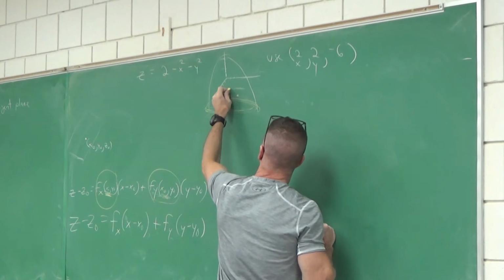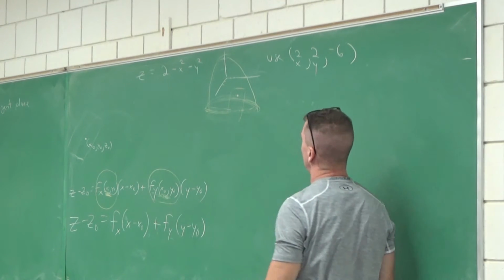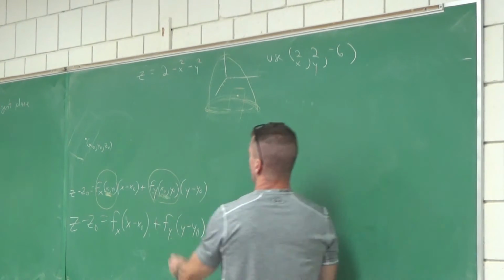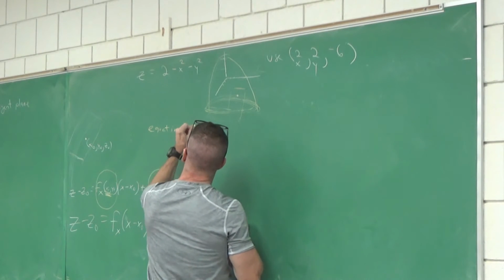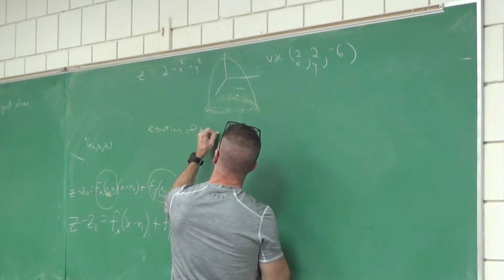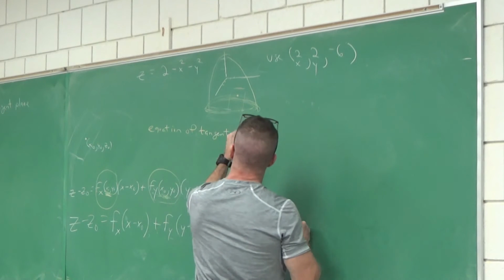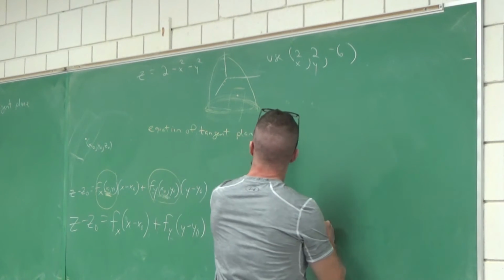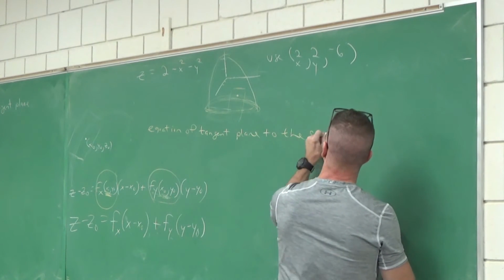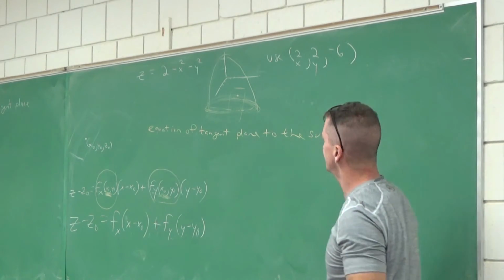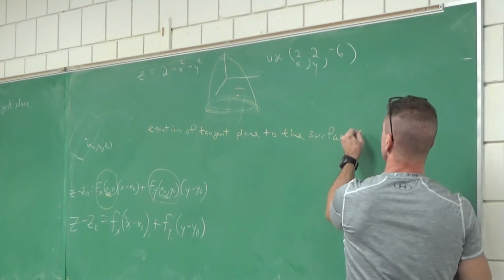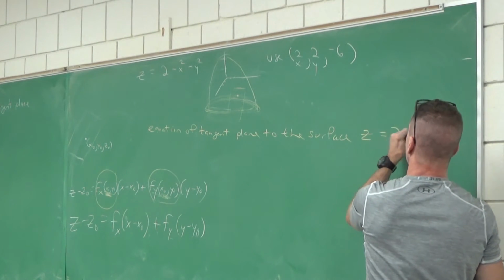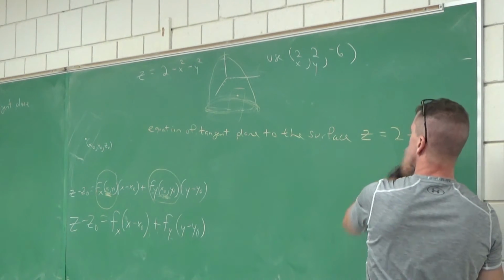We're going to find the equation of the tangent plane right at that point. Let me write the surface down, because I want to make sure when you're copying this, you know what I'm talking about. The surface was z equals 2 minus x squared minus y squared.